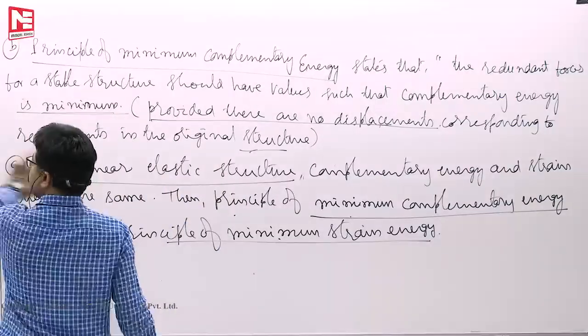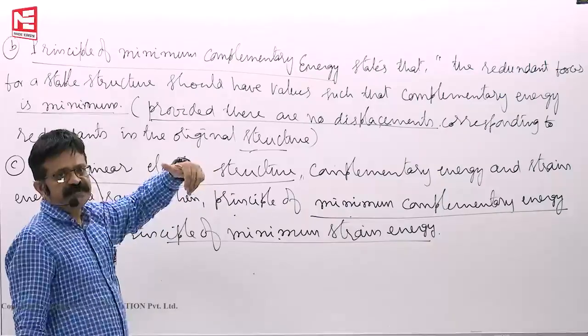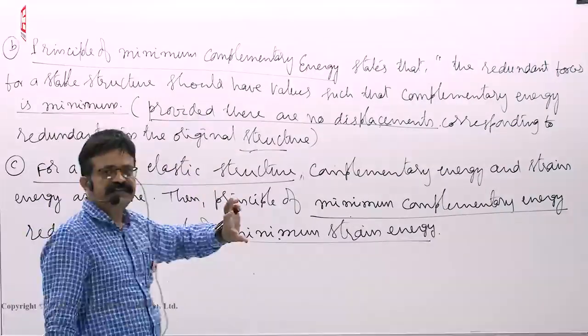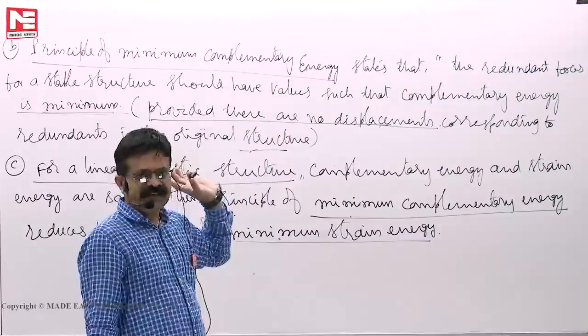Now this is the complete information regarding the complementary energy and the Crotty-Engesser theorem. In the process, if the derivative becomes 0, it becomes the principle of minimum complementary energy.